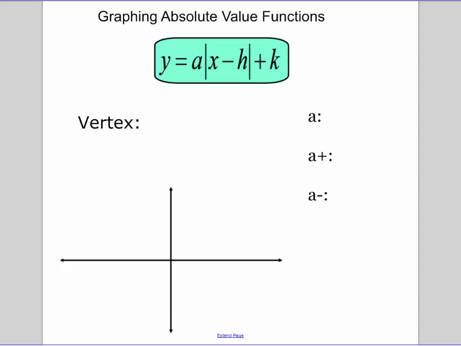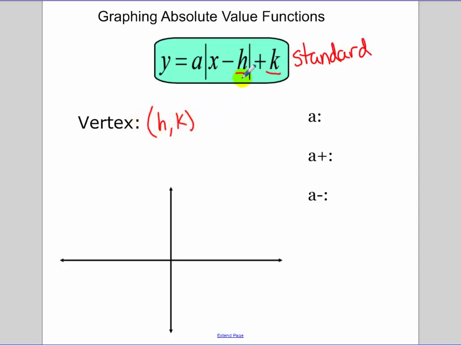Today we're going to be talking about graphing absolute value functions, and we've already talked about translations of functions. So this is the standard form of an absolute value function. The vertex, or the lowest point, is going to be (h, k).